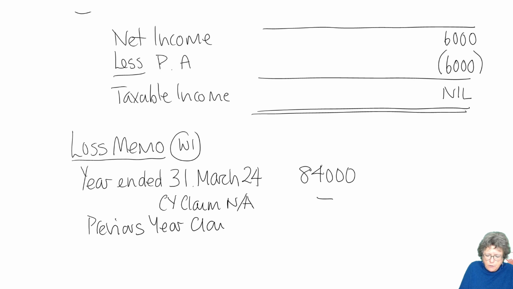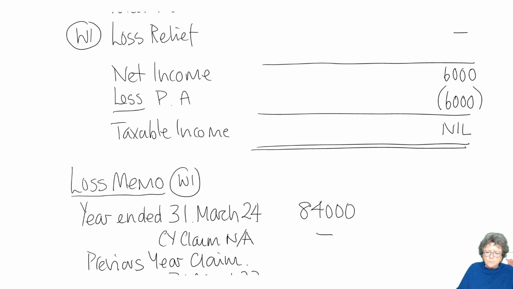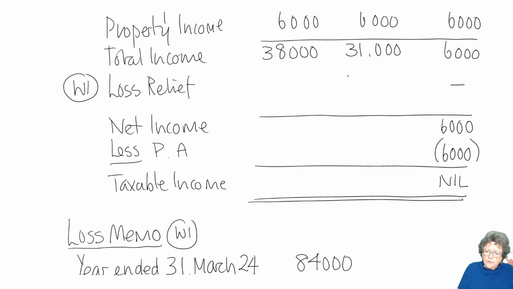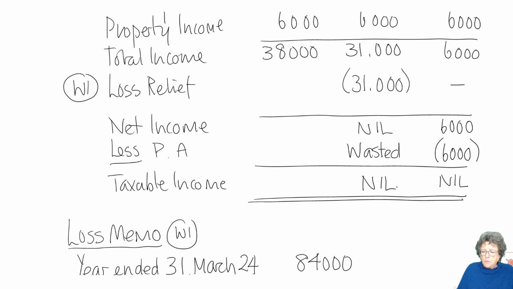That's the rule. We're going to the 31st of March 23. And we're going to do a full relief there, bringing that down to nil. Now those allowances are then wasted. We have no option.